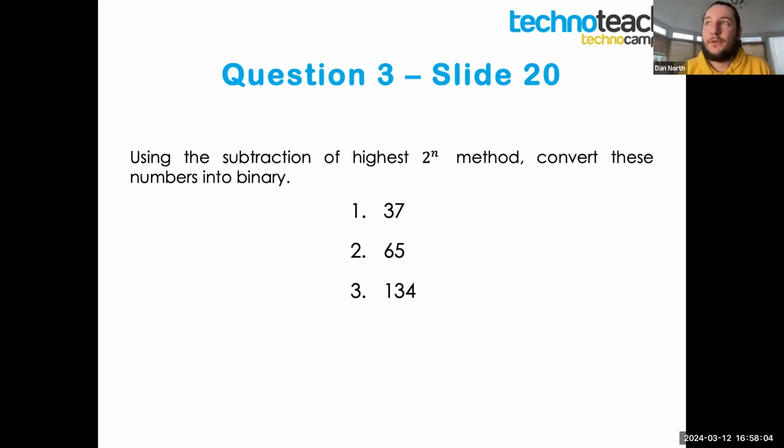So when you start introducing these other number systems, people find it very complicated to begin with to wrap their head around it. So I think offering multiple methods is very beneficial, but that is up to you.